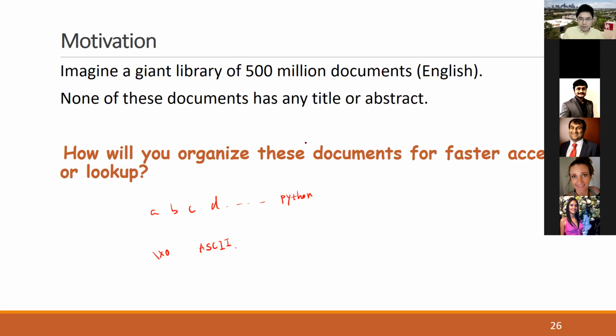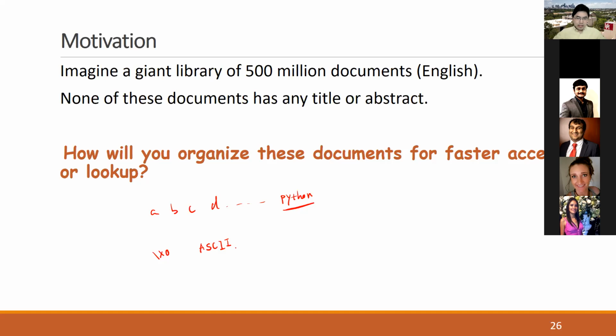Let's say it varies, but putting together a library of 500 million, even if it's all digitized in the database, if you say, I want to read about Python and find me relevant articles about Python that I can learn from to understand what is it, and what's the value of Python, and potentially how do I use it to solve my problem. How would you organize these documents?